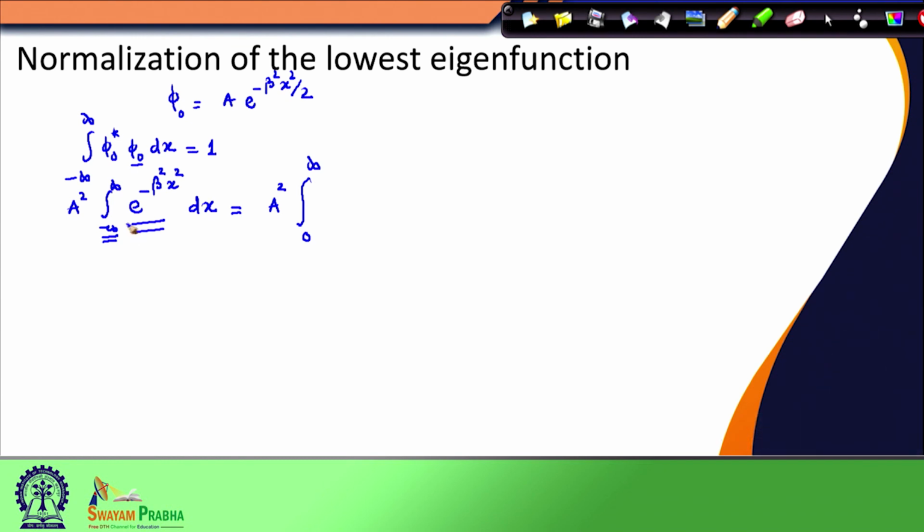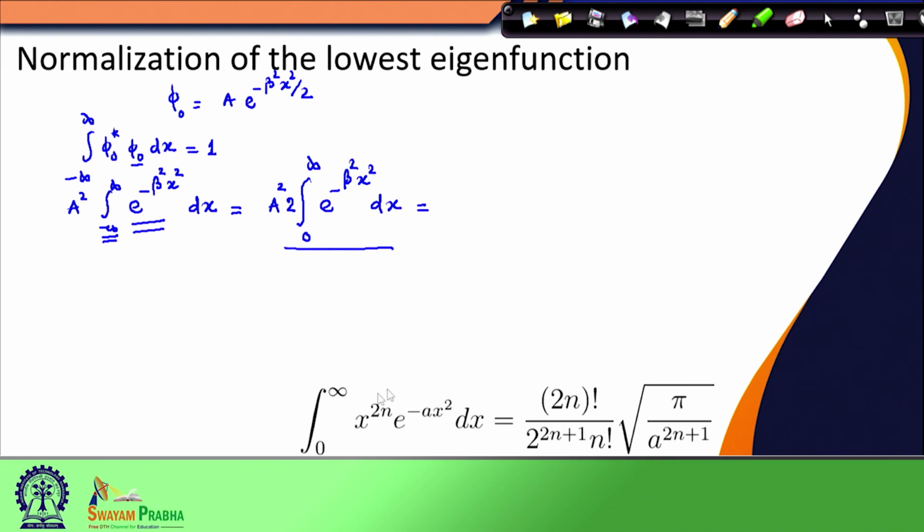So, I rewrite this in this way. The reason behind bringing the integral to this form is that now I am going to use this particular expression to find the value of a.